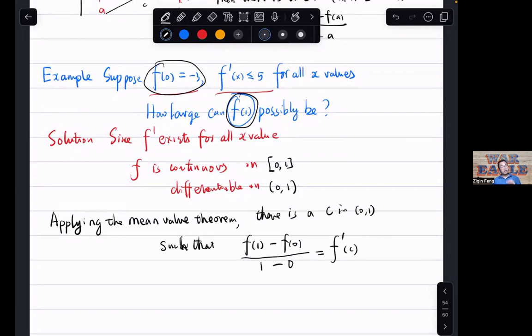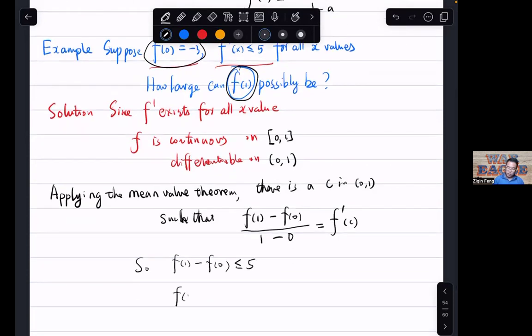We do know that f prime of c is always less than or equal to 5. And so f of 1 minus f of 0 over 1 is less than or equal to 5.